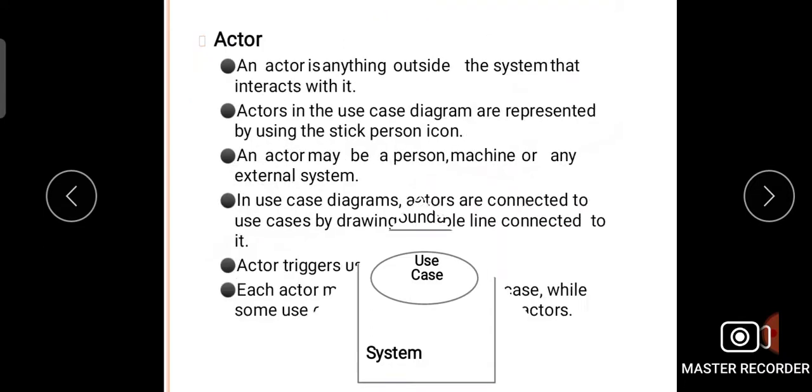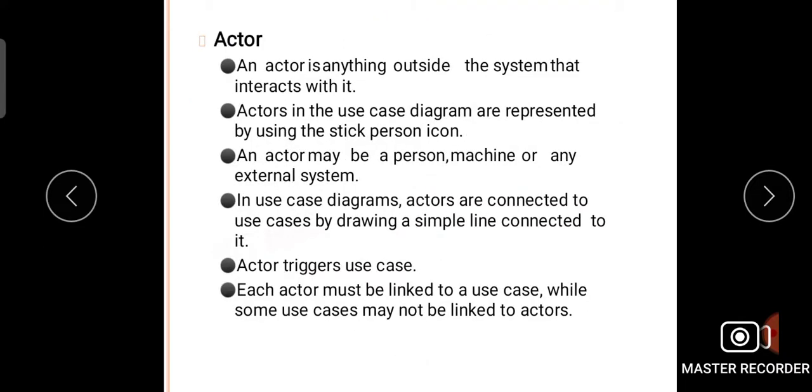Next, actor. An actor is anything outside the system that interacts with it. Actors in the use case diagram are represented by a stick person icon, and may be a person, machine or external system. Actors are connected to use cases by drawing a simple line.